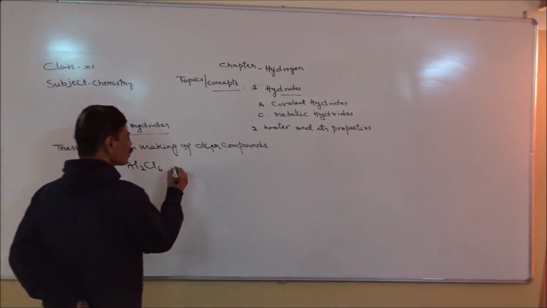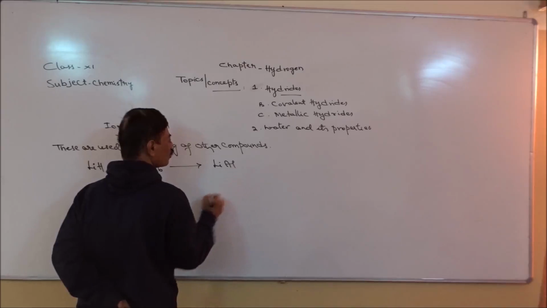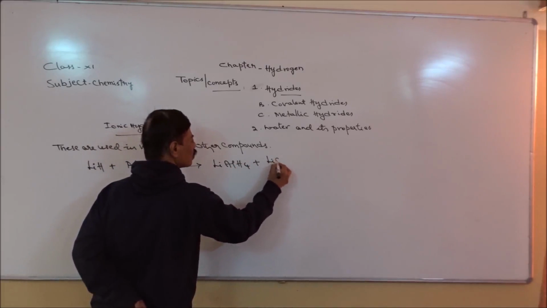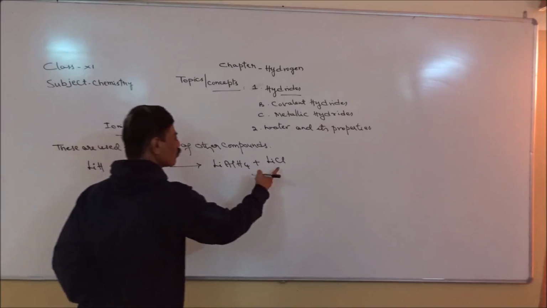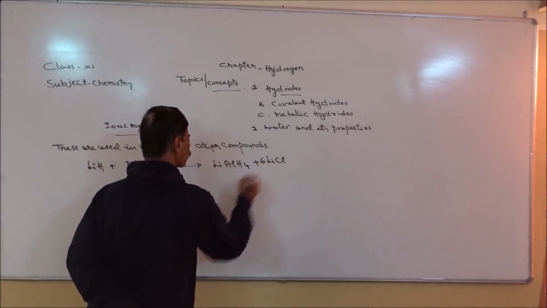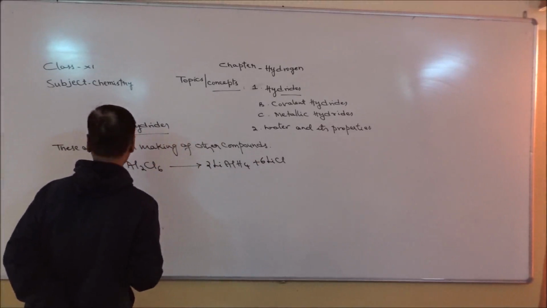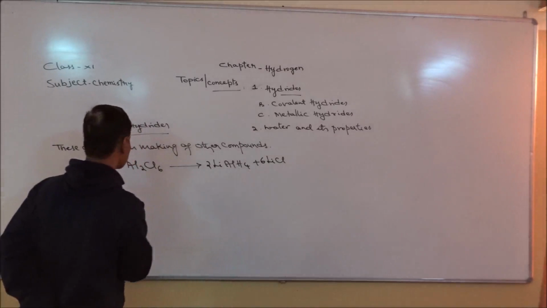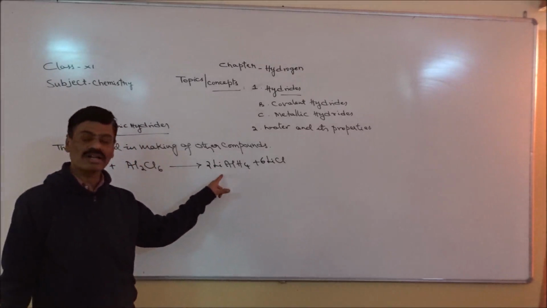So when these react with each other, it gives rise to lithium aluminium hydride plus lithium chloride. Here 6 chlorine atoms we have, here only 1. So multiplied by 6. Right? So altogether 8 lithium atoms. And here 8 hydrogen atoms. Automatically it's balanced.